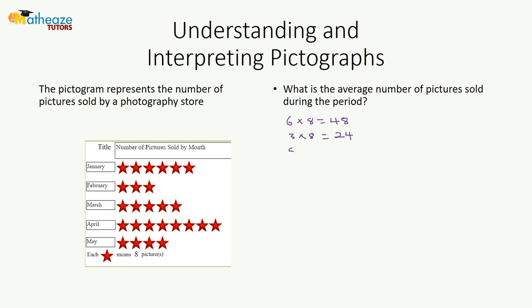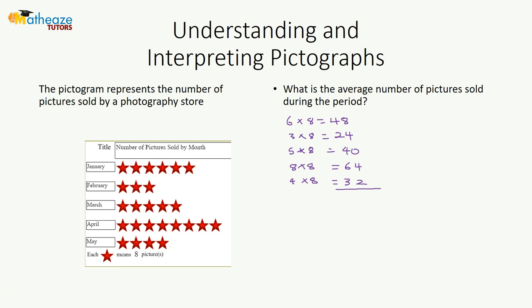March we have 5 times 8, and that gives us 40. April we have 8 times 8, that gives us 64. May we have 4 times 8, that gives us 32. So this is one approach, and I'm going to show you a different approach shortly.